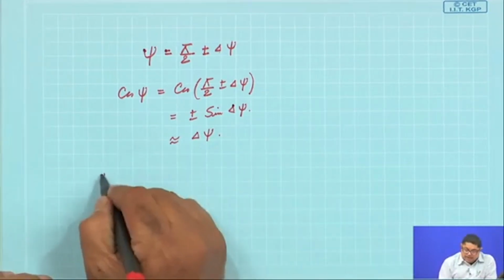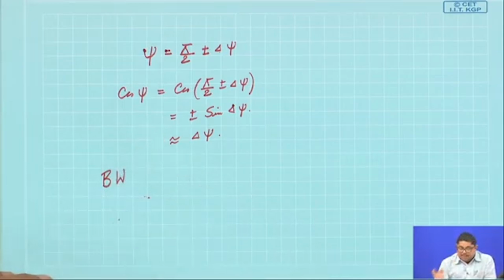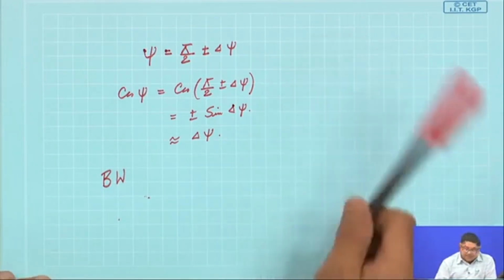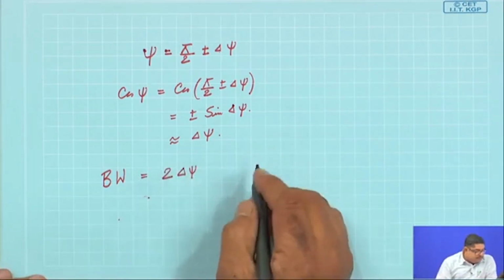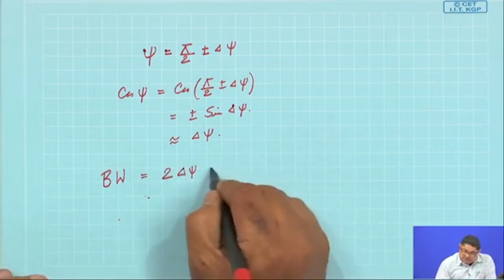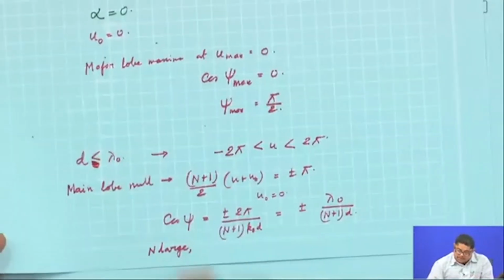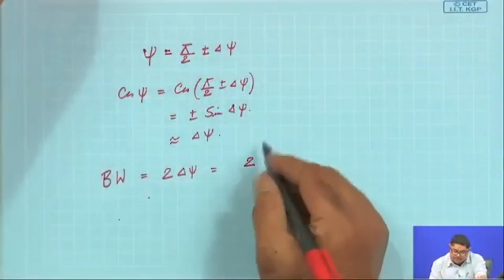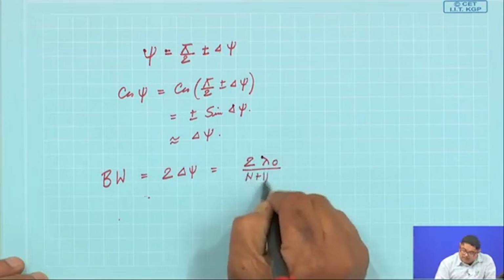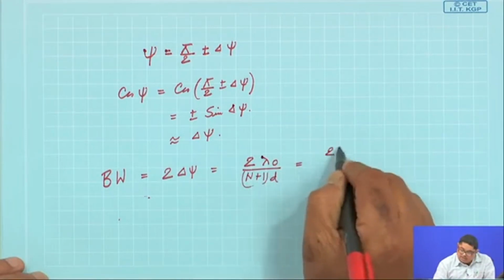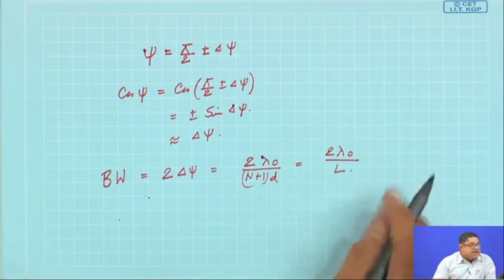Now, what is the beam width? This is the null. u is equal to 0 is my main beam, this is one side plus delta psi. So, beam width is 2 delta psi, and that is 2 lambda naught by n plus 1 into d, which is equal to 2 lambda naught by L. What is L?